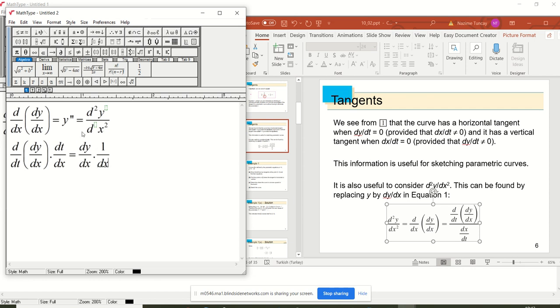And what I have here is dy over dx, and the rest is d over dx. But this means again just the same thing as the second derivative of y. This is the same symbol as the one at the top here.